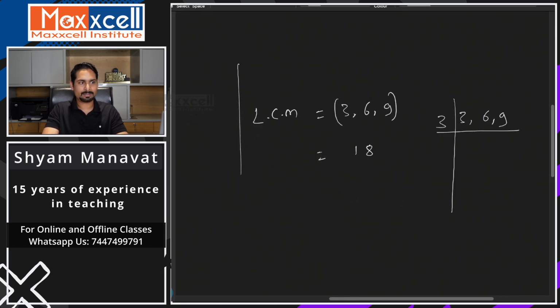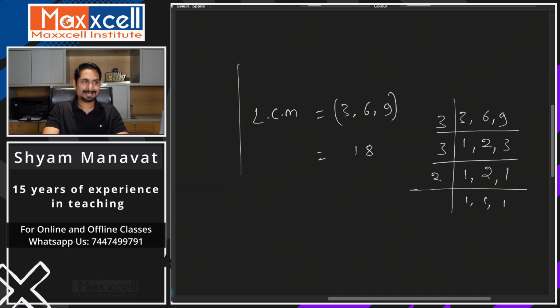All of them are divisible by 3, so dividing by 3, we get 1, 2, 3. Then divide by 3 again: 1 is already 1, so you don't touch it, 2 is not divisible by 3 so write it as it is, and 3 becomes 1. Then divide by 2: 2 becomes 1. Then we multiply 3 into 3 into 2, which gives you the LCM as 18.